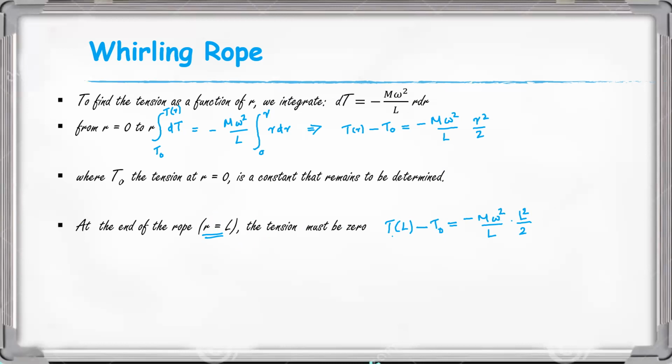At that point, T of L must be equal to 0. That means we will get T0 is equal to m omega square L divided by 2.